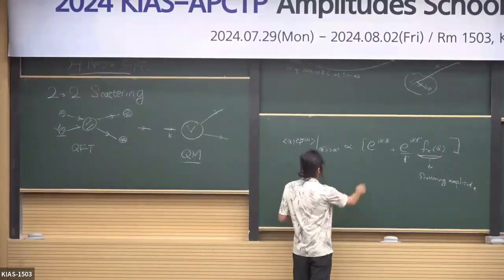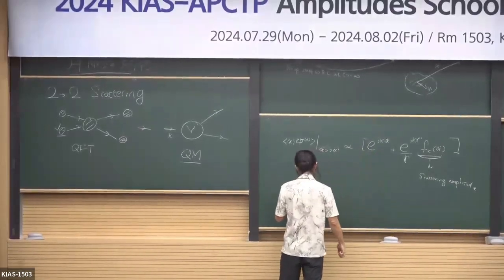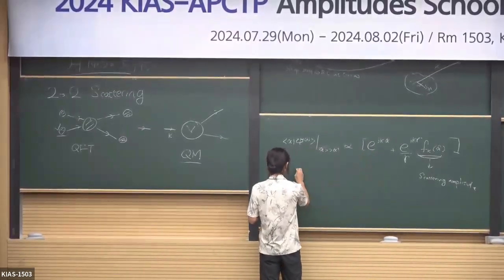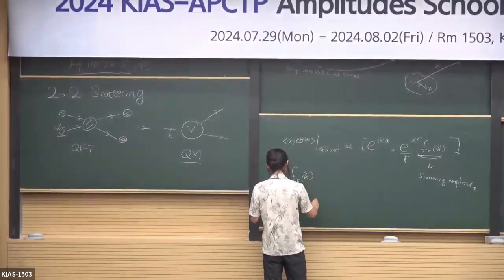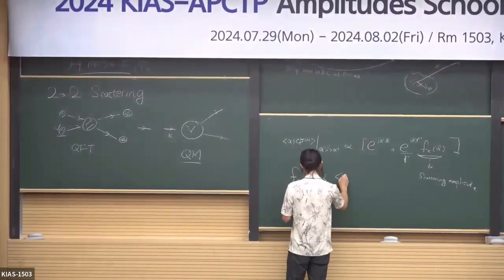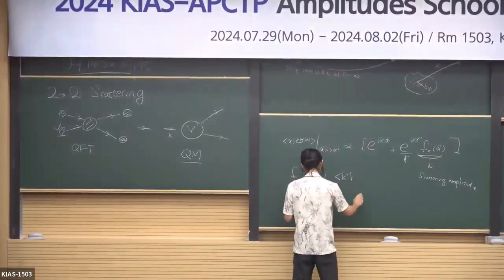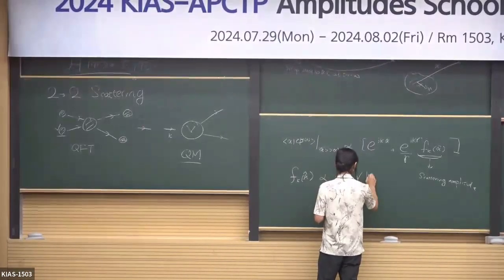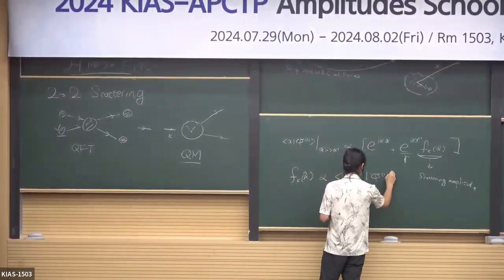Okay, and if you compare this to the original Lippmann-Schwinger equation, you see that this function f_k(x hat) is basically proportional to the momentum state k prime times V in our notation.